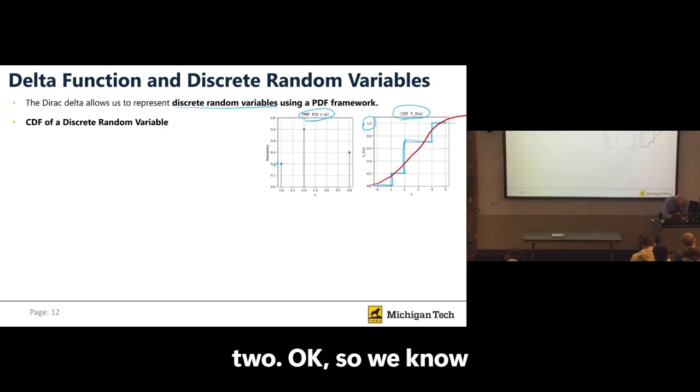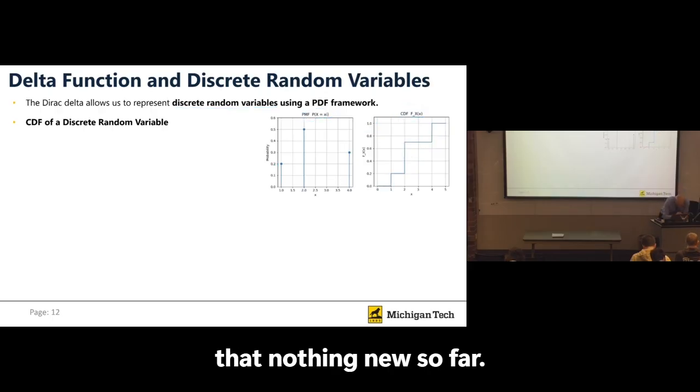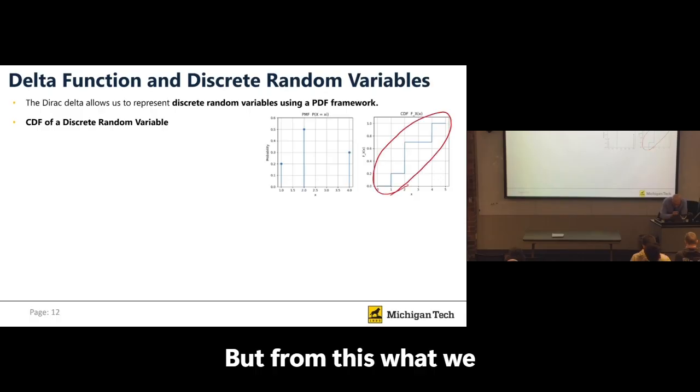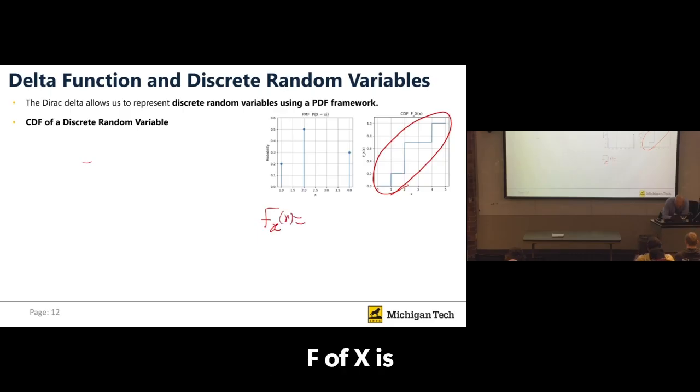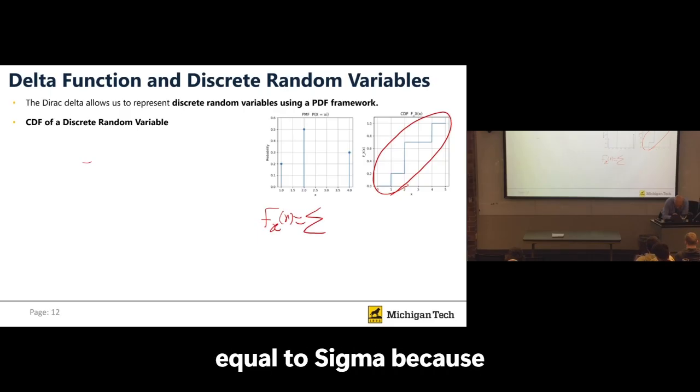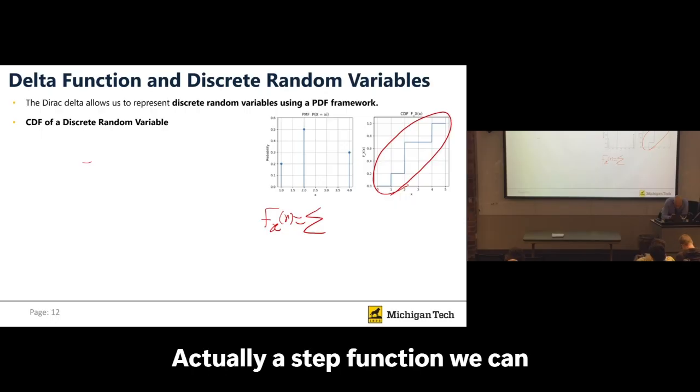Okay, so we know that. Nothing new so far. But from this, what can we say? We can say the CDF, capital F, maybe I write that somewhere else. Capital F of x is equal to the sum, because we already talked about u, actually a step function.